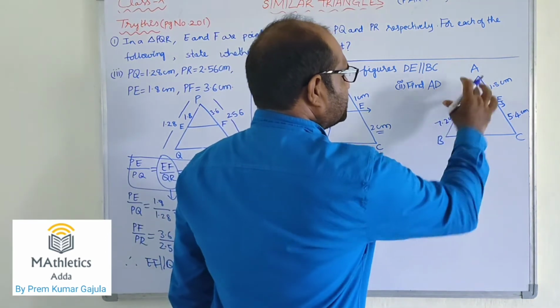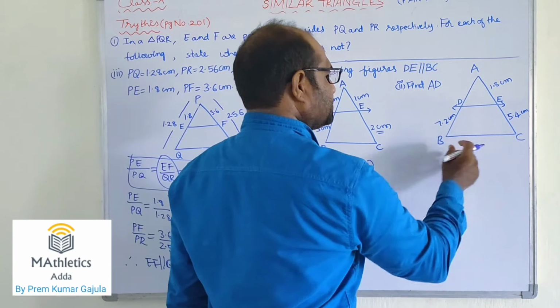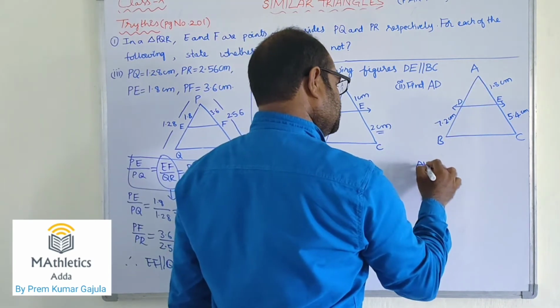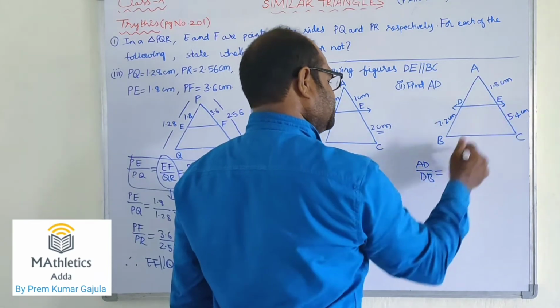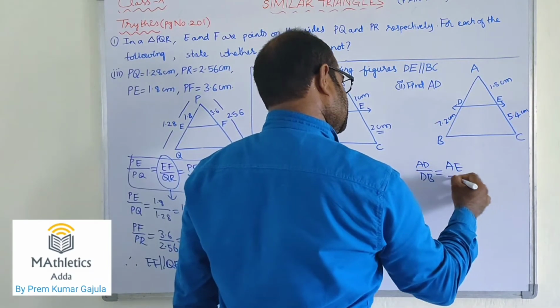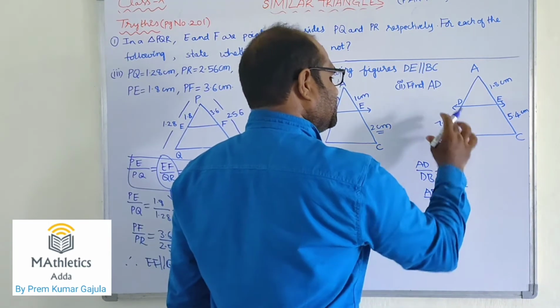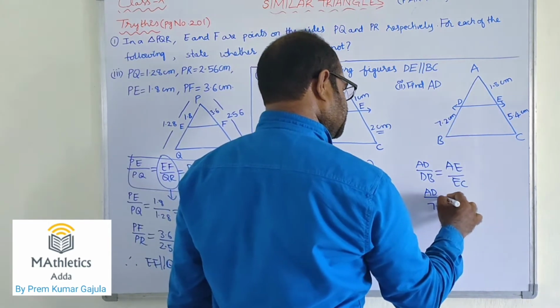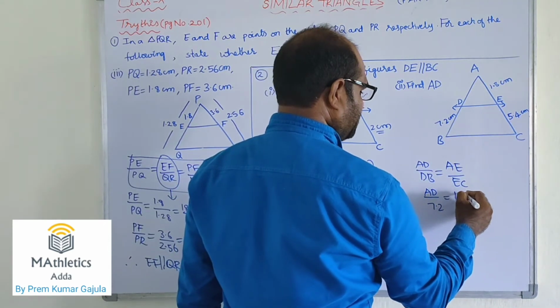Find AD. So we know that according to BPT, if this is parallel to this, okay, AD by DB is equal to AE by EC. What is AD value? Not given, so write as it is. DB value is given as 7.2 centimeters, so write 7.2. AE value is given as 1.8, so write 1.8.